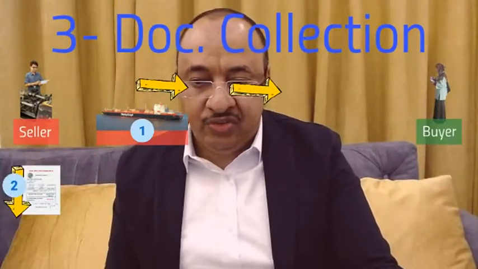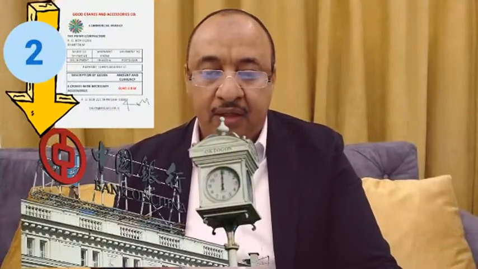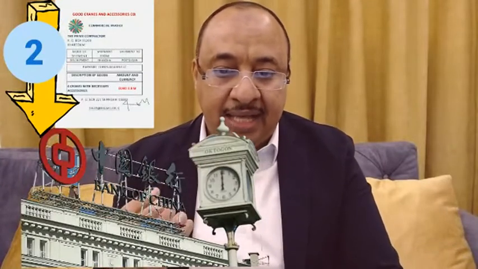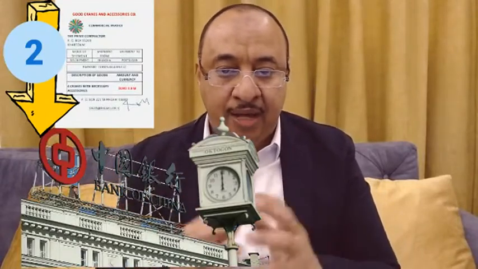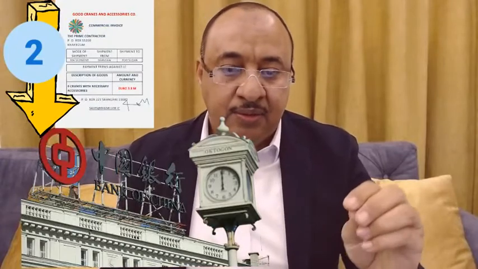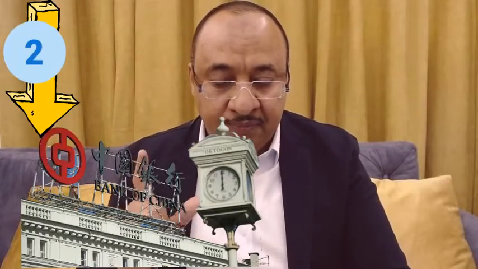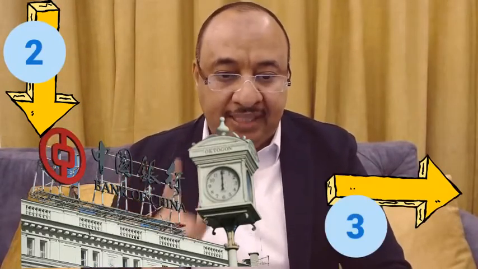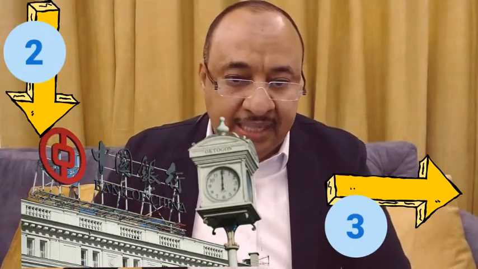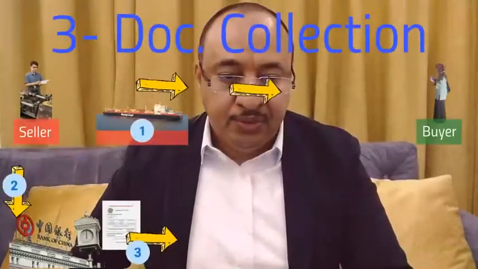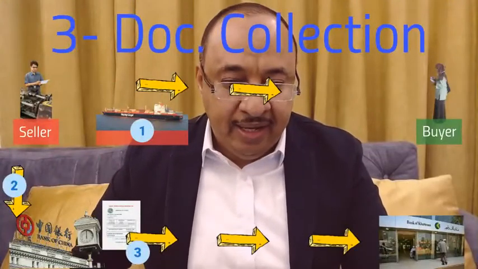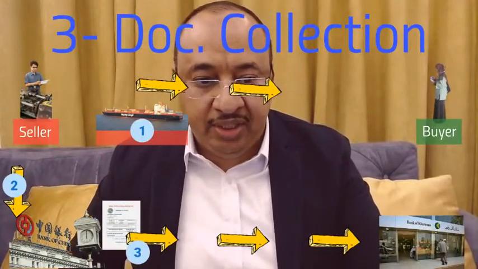Let's assume that the bank is in China, with instructions as to where to send the goods, to whom, and importantly, how the goods must be delivered. So the seller's bank would send the documents as instructed to the buyer's bank in his domicile, in his country.